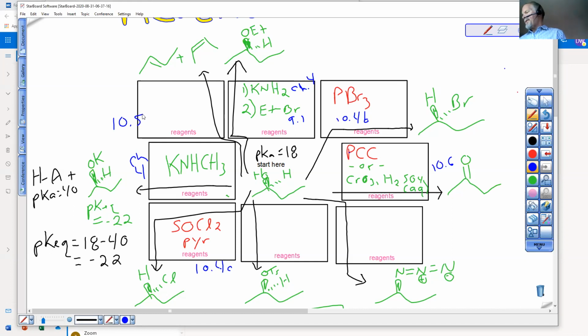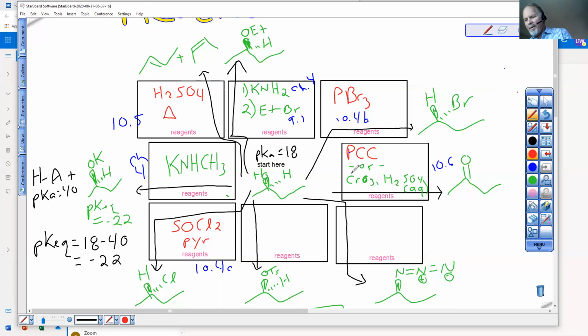And our favorite acid for accomplishing that, sulfuric acid. And you're going to require a lot of heat. Alcohols don't like losing their OHs.